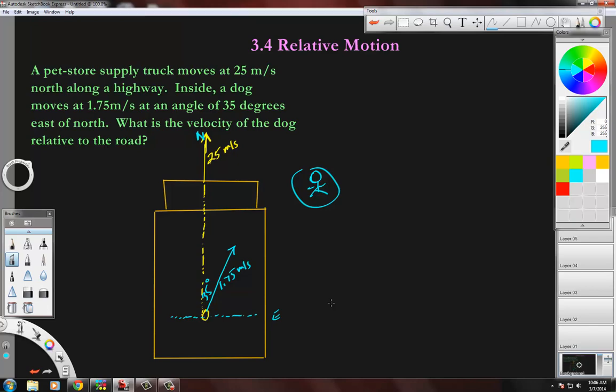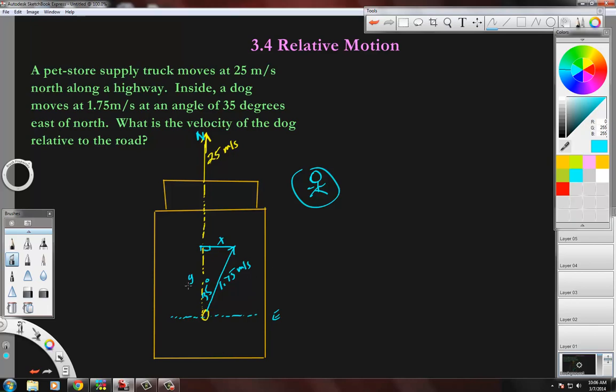So to this guy out here, the dog is moving faster than 25 meters per second. So I think what we should do is look at this triangle right here as a right triangle and call these Y and X, this blue line and this yellow dotted line right here.